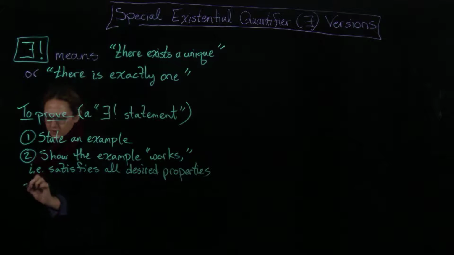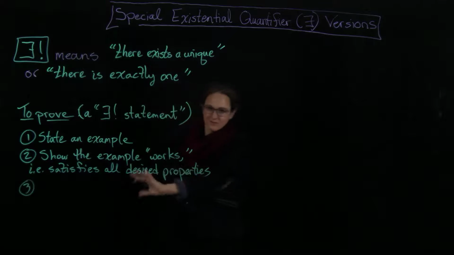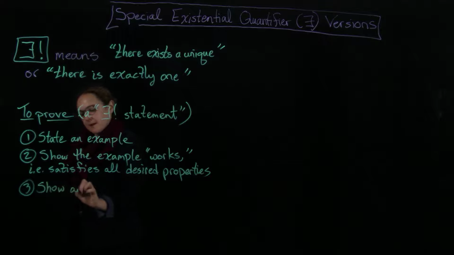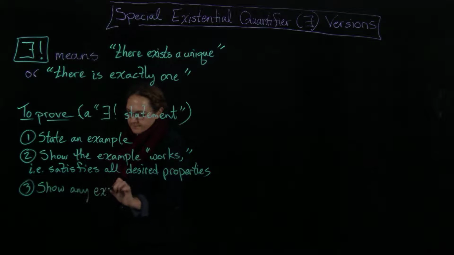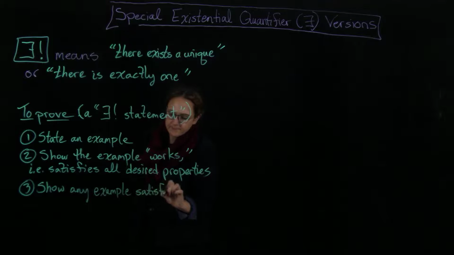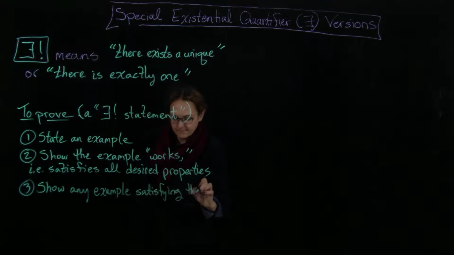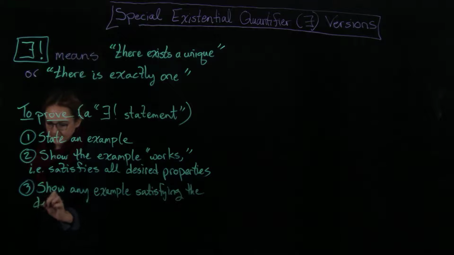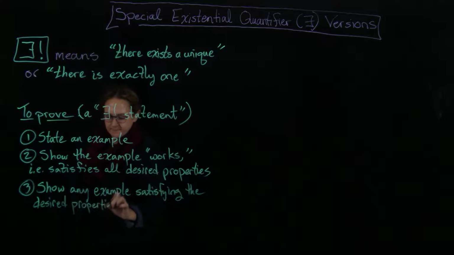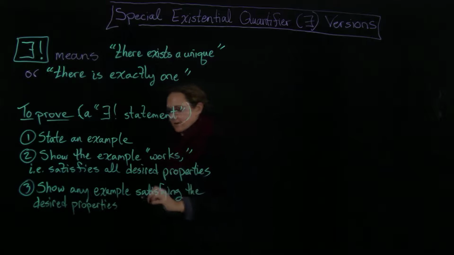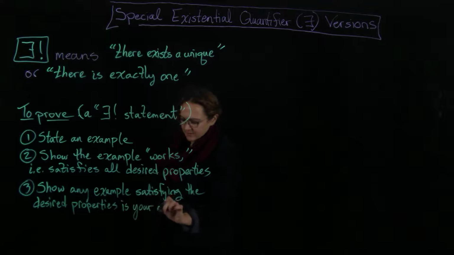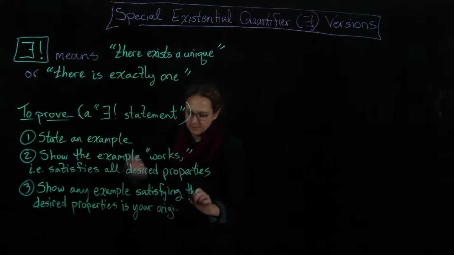Then there's more than one way to do this, but one way is to show that any example satisfying the desired properties has to be your original example, the one that you came up with in step one.